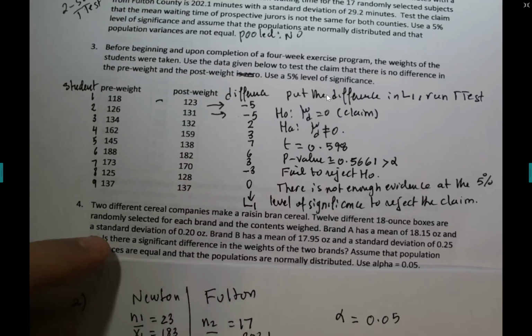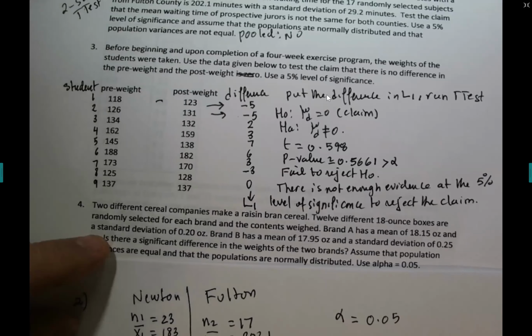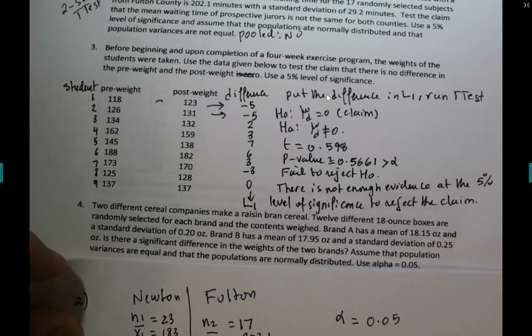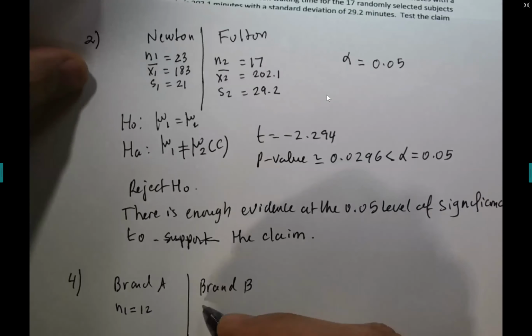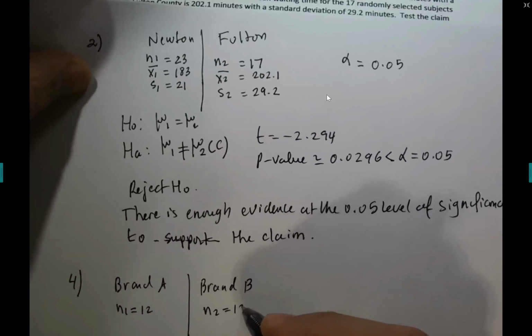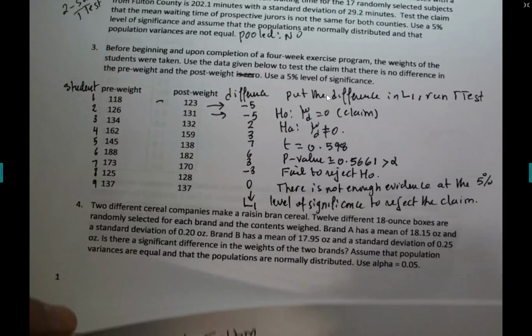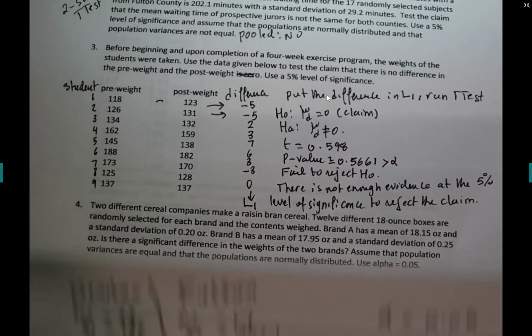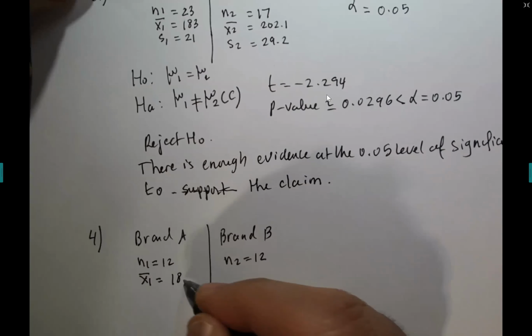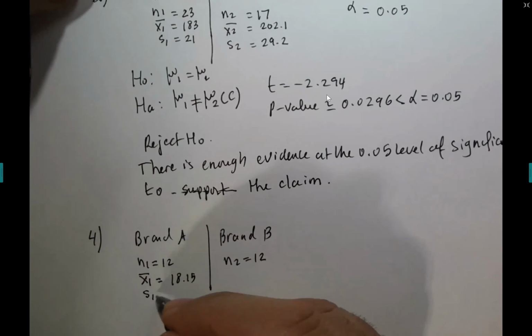So we have brand A and brand B, and we have how many of each? 12. So N1, guys, is 12 for the first one, and N2 is 12 as well. For X1 bar, we had, what did he say, the mean? 18.15 ounces, and the standard deviation, guys, was 0.2 ounces.